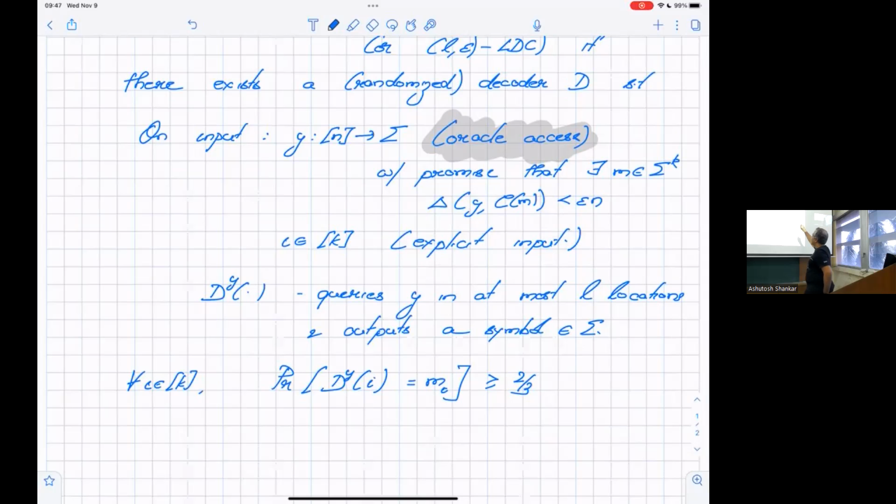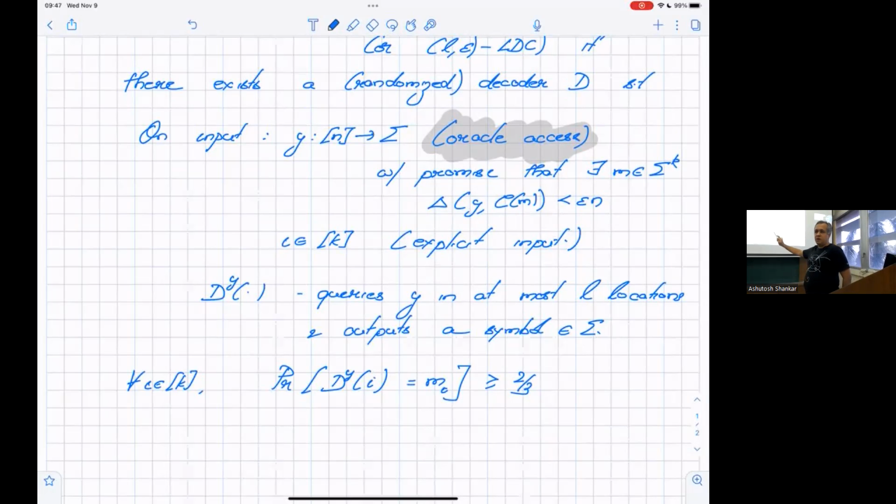The epsilon will be much smaller than half. In particular, this would force epsilon to be within the half. The definition doesn't suggest it, but because we want this, that's the only way you can have it.